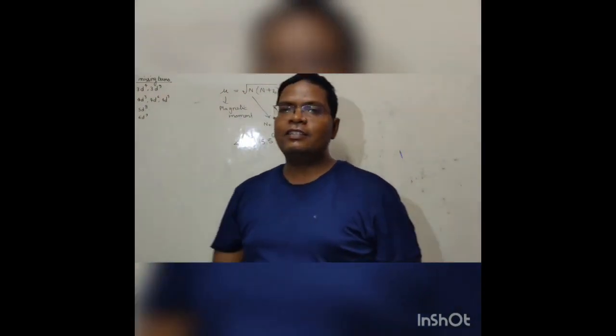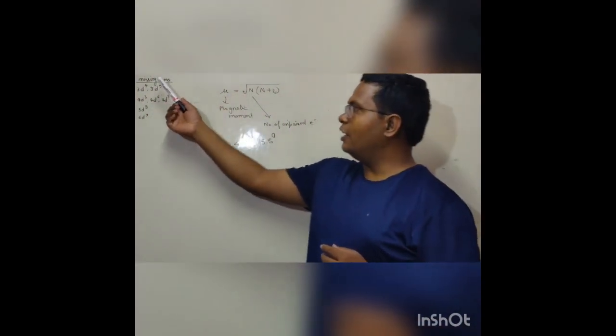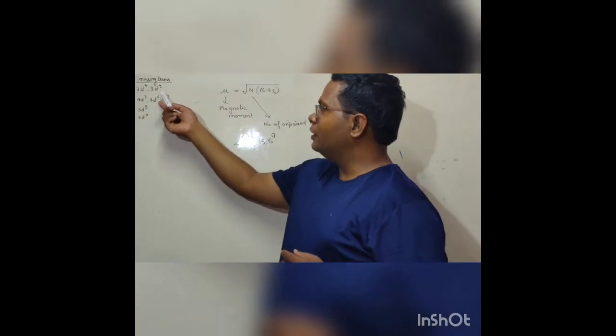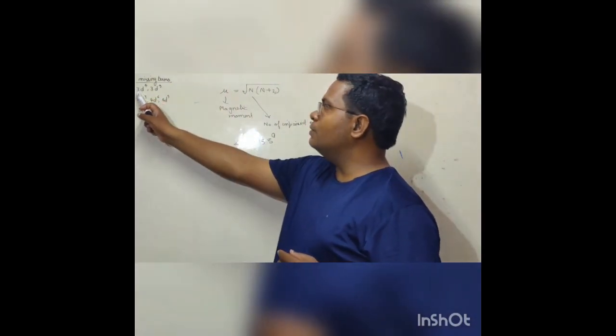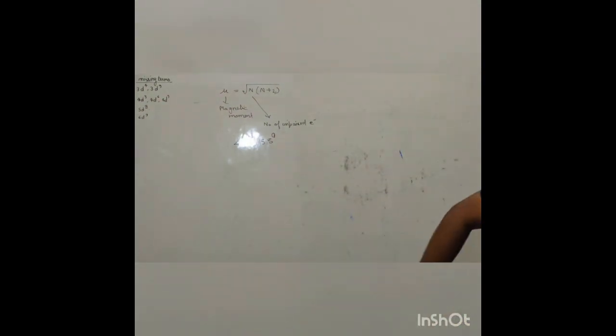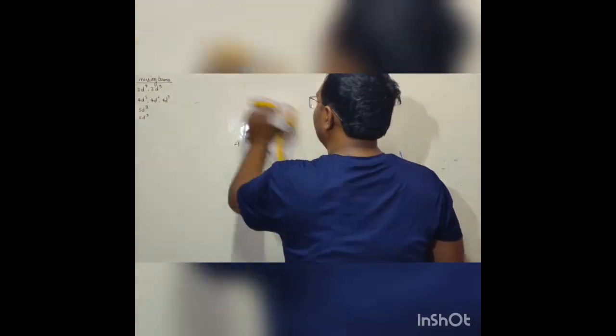Means there are some certain numbers which are always missing. When we make the electronic configuration of 3D elements, the missing terms are 3D4 and 3D9. Now we will make the electronic configuration based on it.